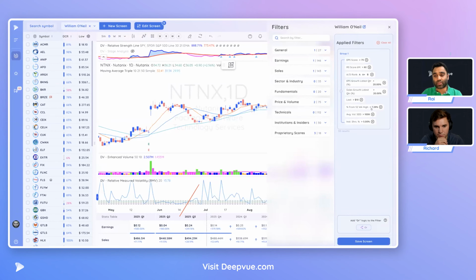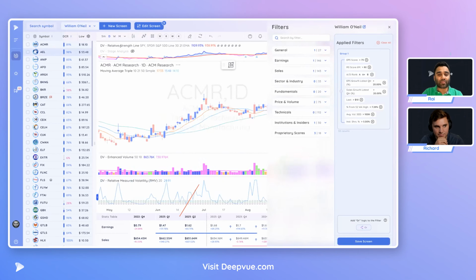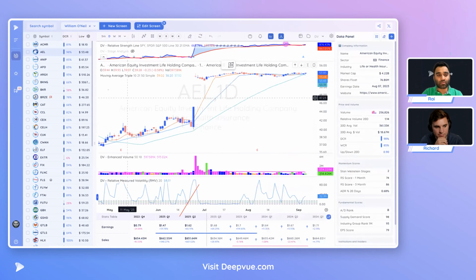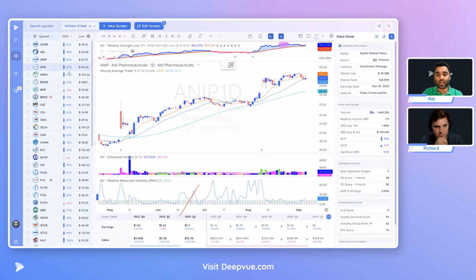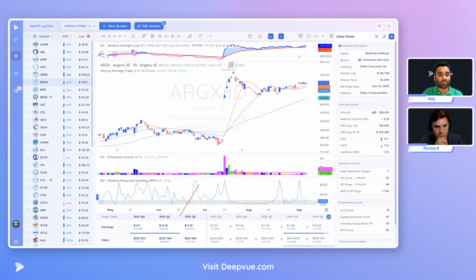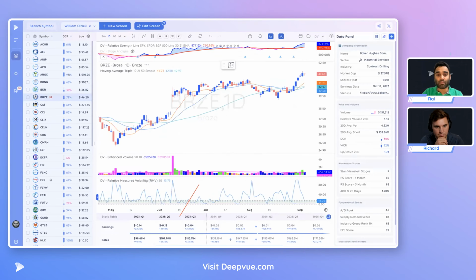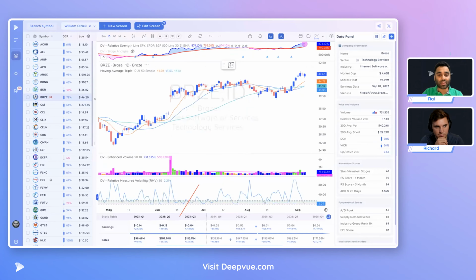I'm not too sure why we put 7.28. I doubt that's the actual criteria, so we could correct that. But that's one of the other presets that we have. Basically, it looks for really strong stocks within X amount of 52-week highs, and combines the earnings and sales. So you look at something like BRZE, which is about to report earnings.